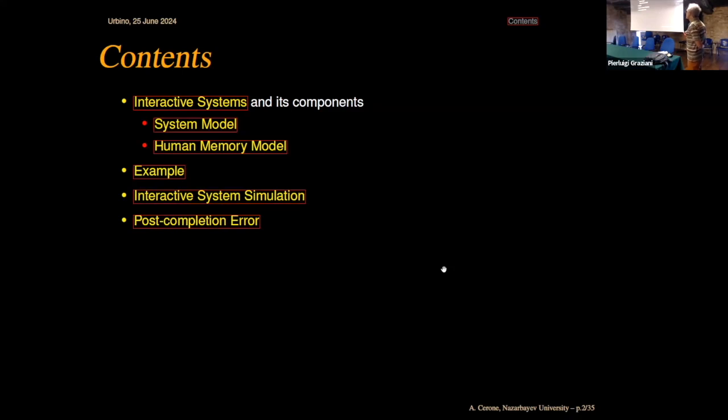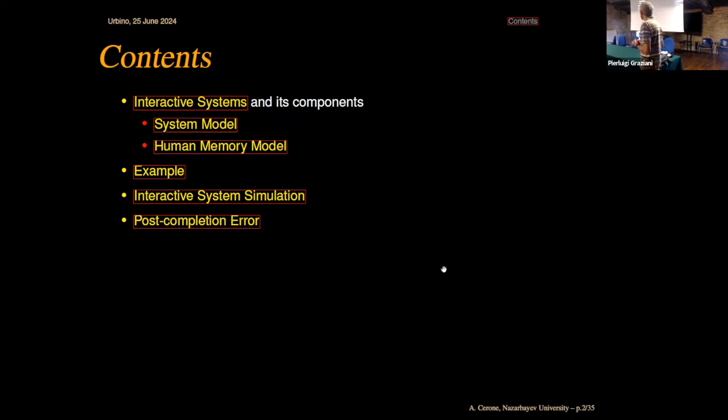Actually, I will go through an example after this first introduction, which I will carry on for quite some time, and I will show how to perform my approach using a kind of interactive simulation, meaning interactive system simulation.